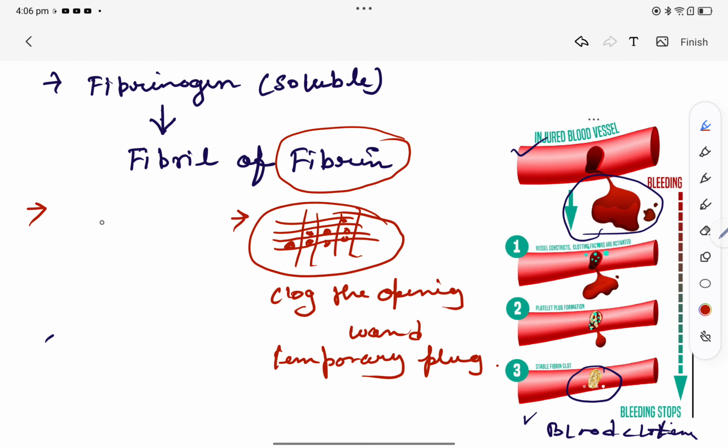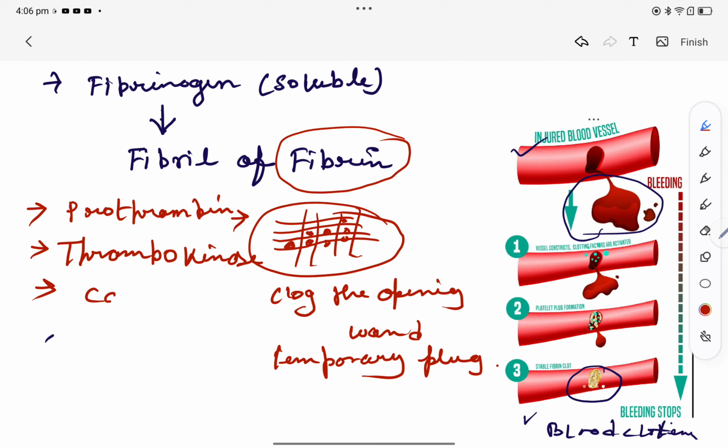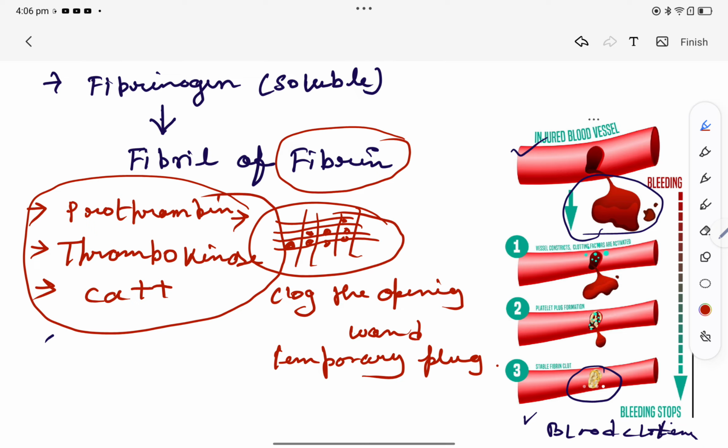The substances are prothrombin, an enzyme, thrombokinase, and calcium ions. So these are the things that are needed for blood coagulation. So step by step we are going to learn about it.